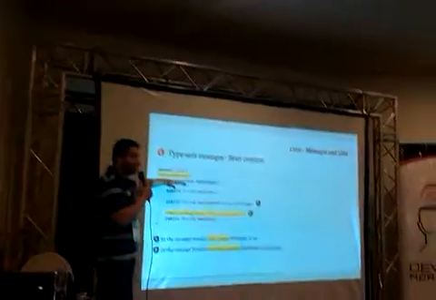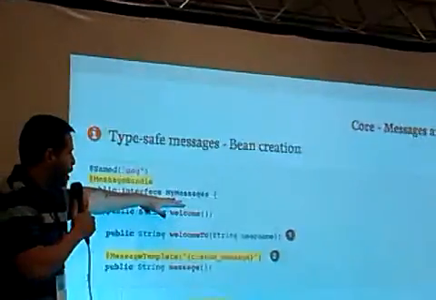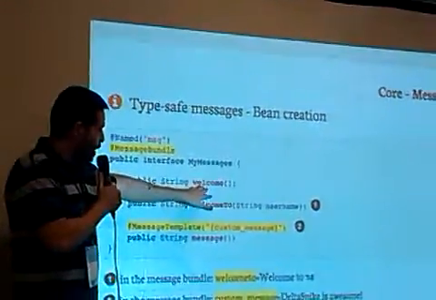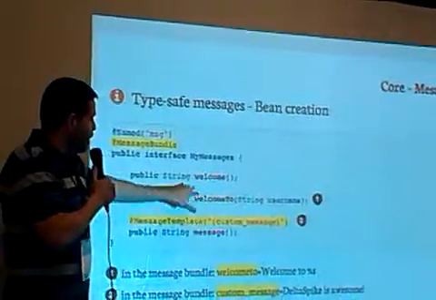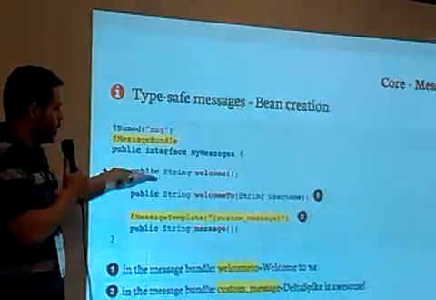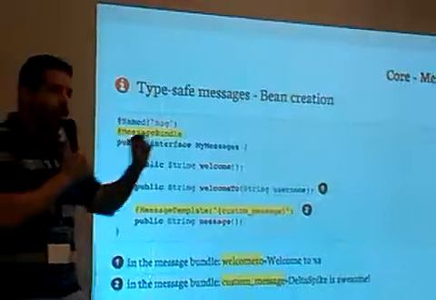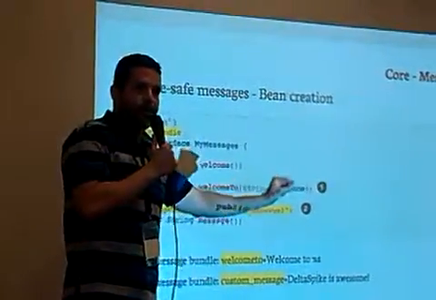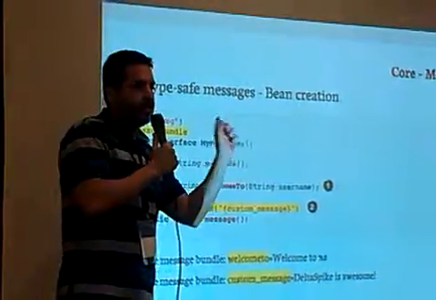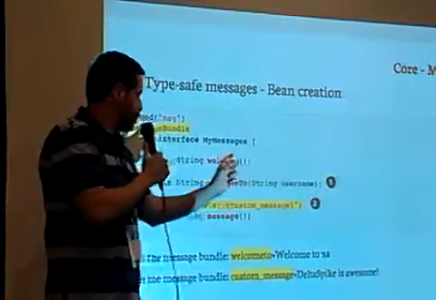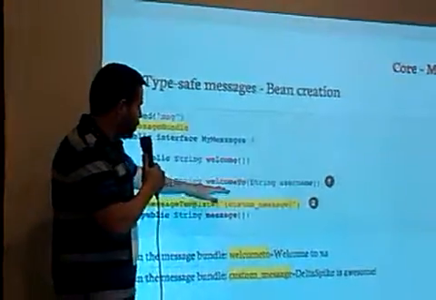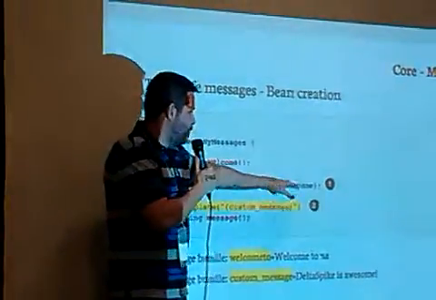Because you create an interface, like here, I created an interface, and look at the signature of these methods. If I have a method here called welcome that returns a string, this will look for the resource bundle file for a key called welcome. You can have, for example, like here, a method named welcomeTo, and it receives a parameter.